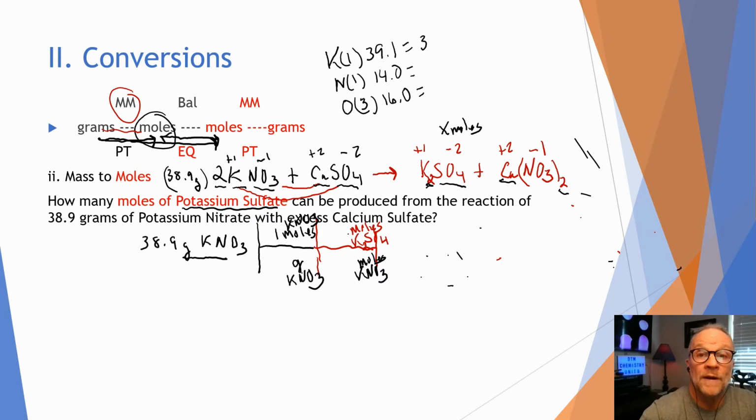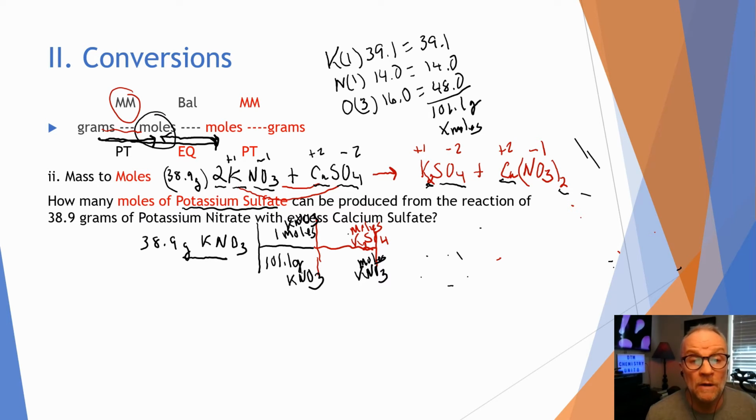So here we have 39.1, 14.0, 3 times 16 is 48. Double checking myself here, 48. You add all those up, you get 101.1. Okay, so there is our molar mass of our potassium nitrate.